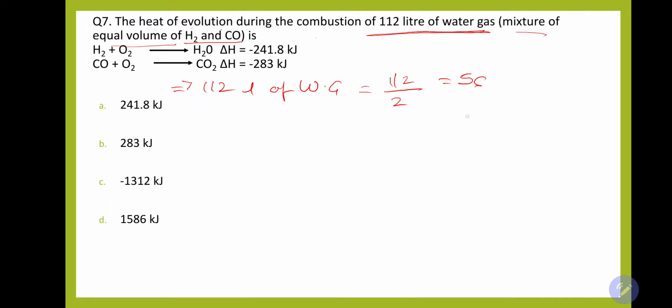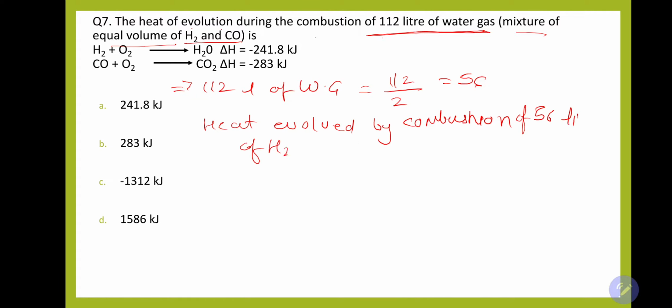So what we can say is that the heat evolved by combustion of 56 liters of H2. Now as both are equimolar, the volume of H2 will also be 56.